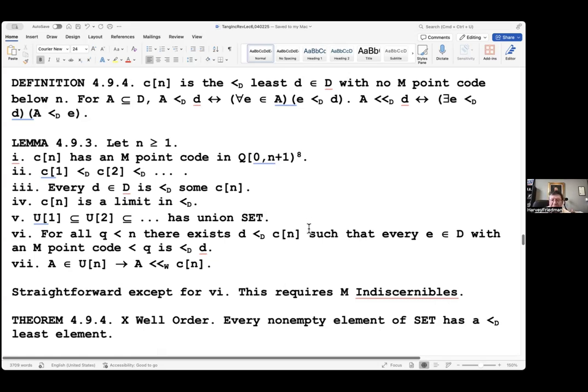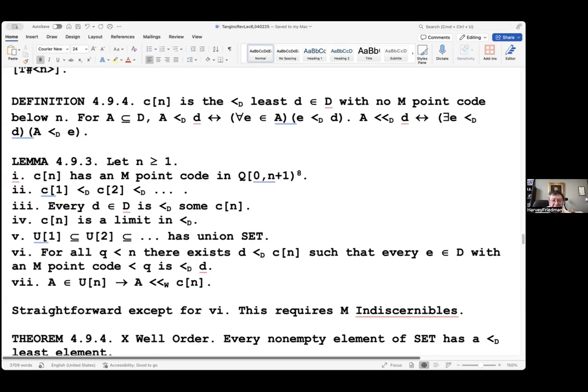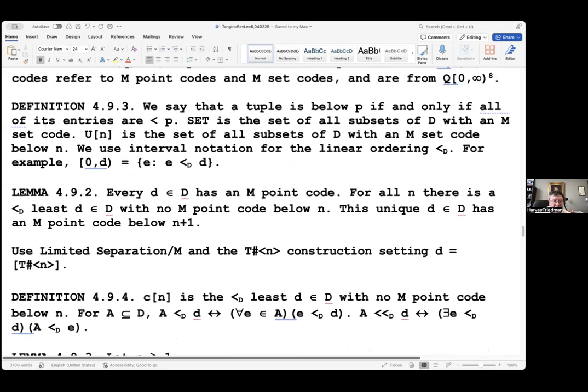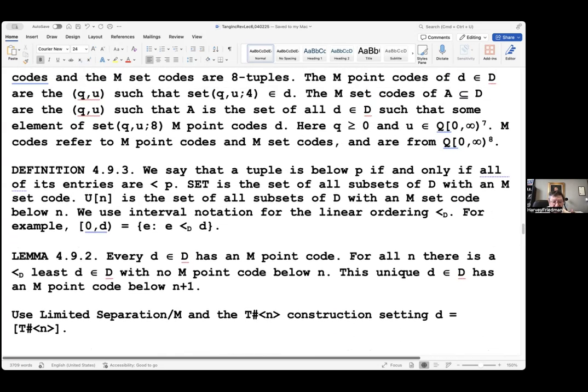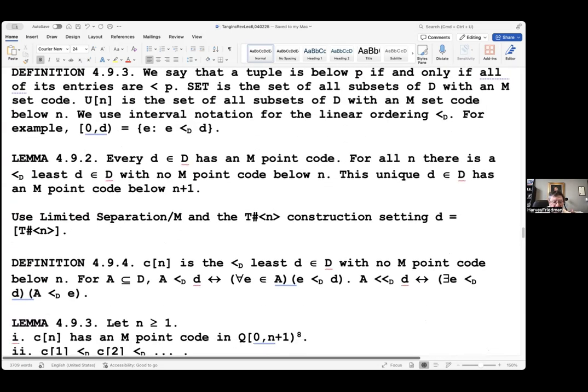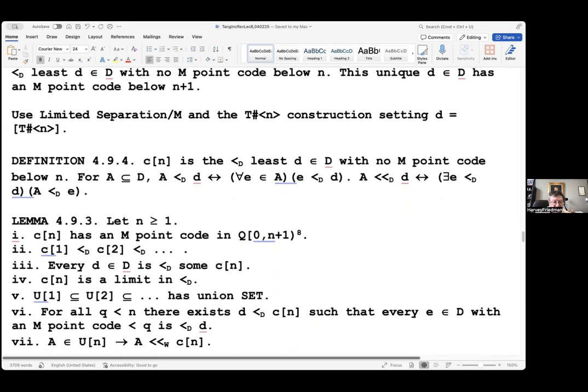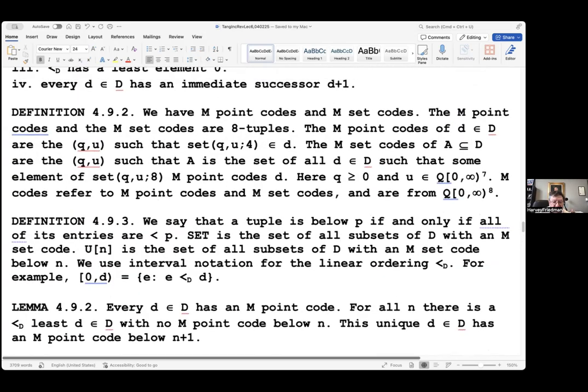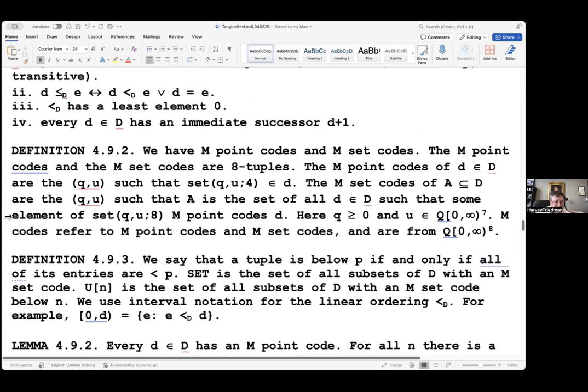And we define U of N, that's very important. I should have emphasized it. Where is that definition? Just a second, let me find it. Ah, here we are.